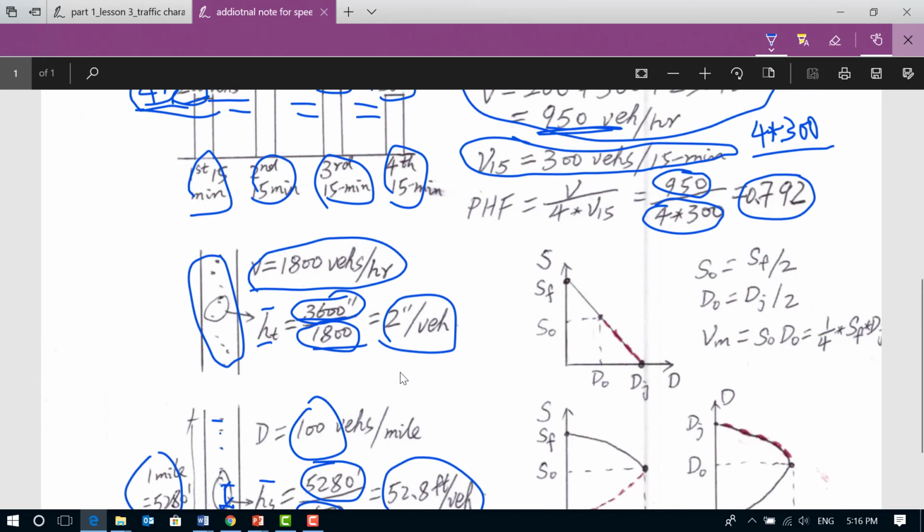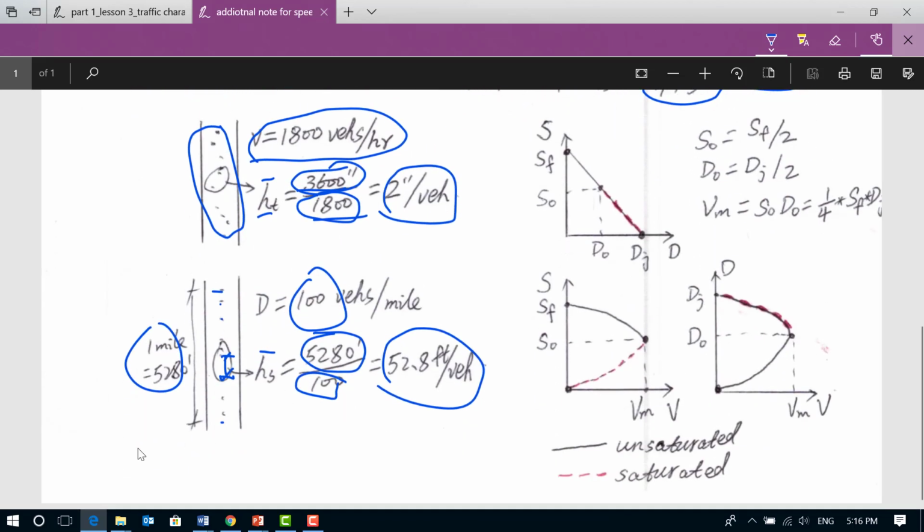So up to this point, you know the relationship between density, volume, and speed. For volume and time headway, time headway equals 3600 divided by volume.